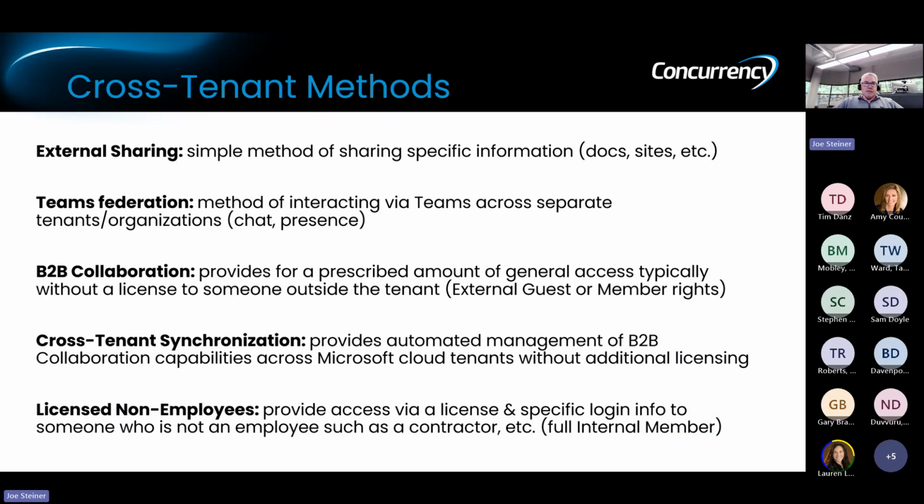Cross-tenant synchronization then systemizes this, provides for automated management. I can scope groups of users that are now synchronized with another tenant, and it'll automatically make them external members in there, and then they can access anything. And you control permissions just like you do with your own internal people, but they would have the ability to access things I designate access to them for.